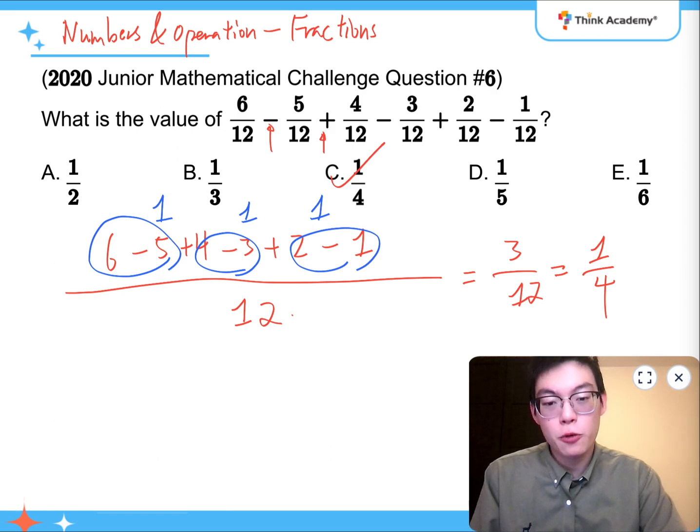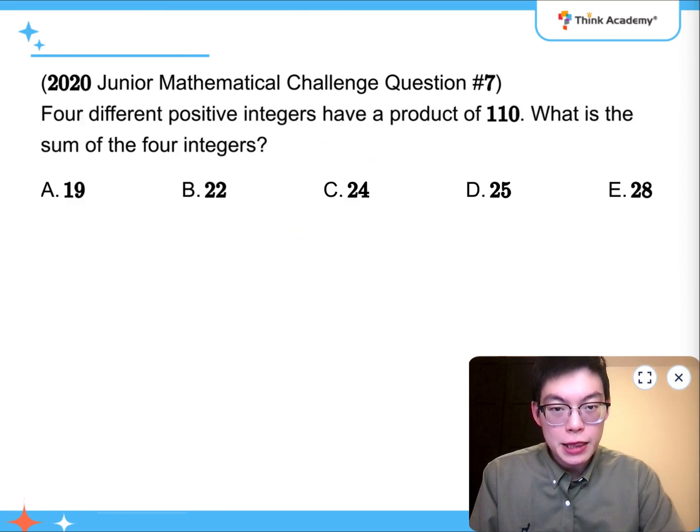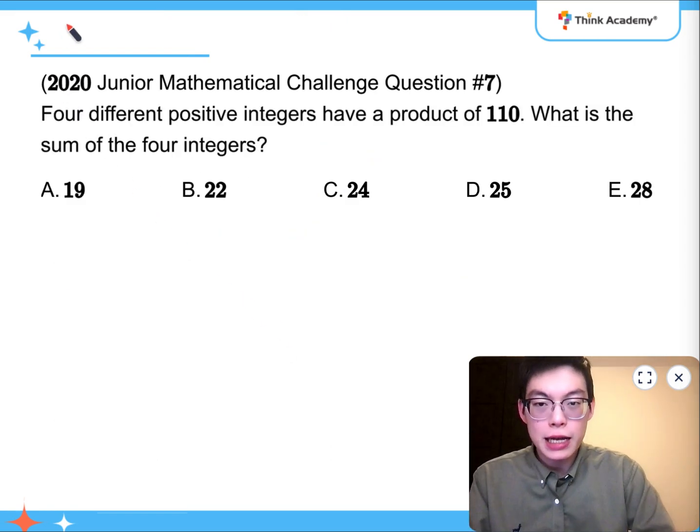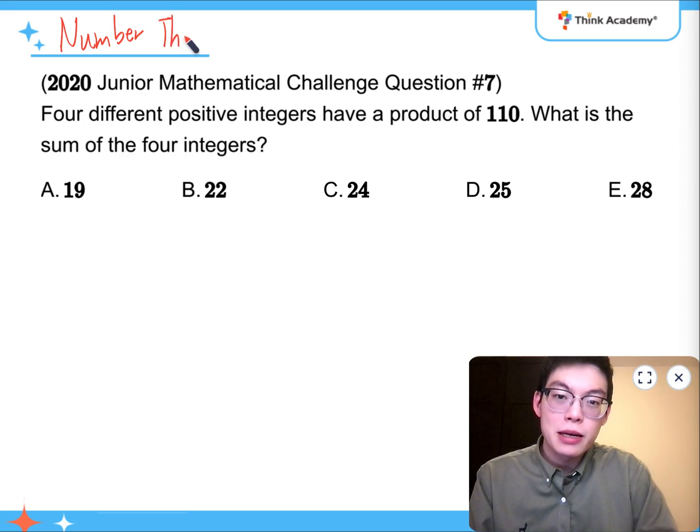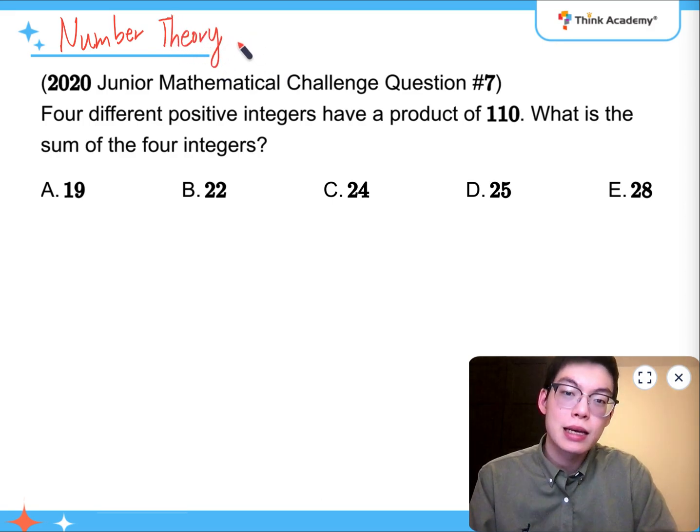That's the 6th question. And then the 7th one, I would say that it is, again, a number theory question. And it would be on the prime factorization.